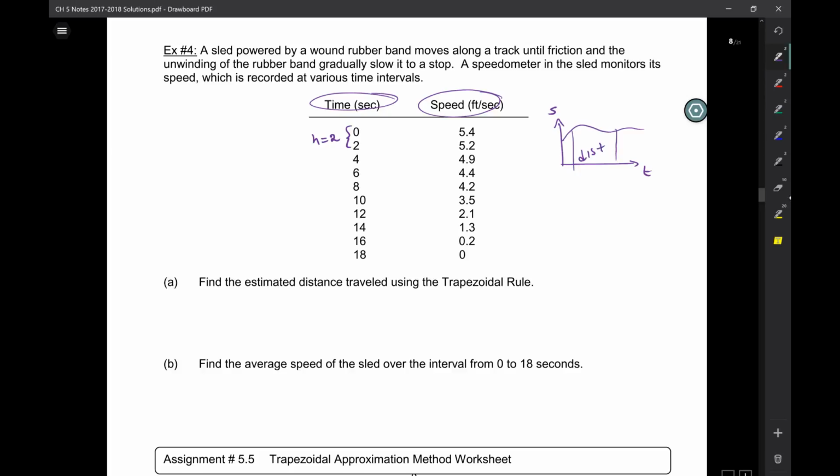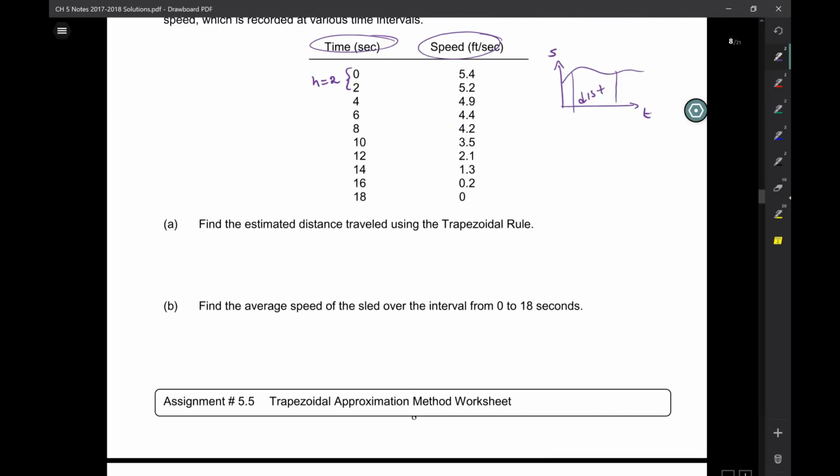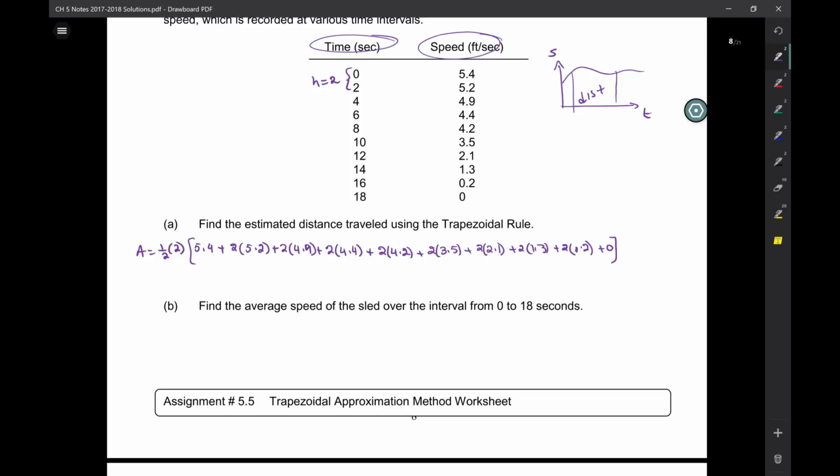So we have to find the area. So again, it's going to be the trapezoidal rule. It's going to be half times 2. And then you need to add all the speeds. Well, and then you have to figure out which ones you have to take 1 of and which ones you have to take 2 of. So I'll give you 2 minutes.